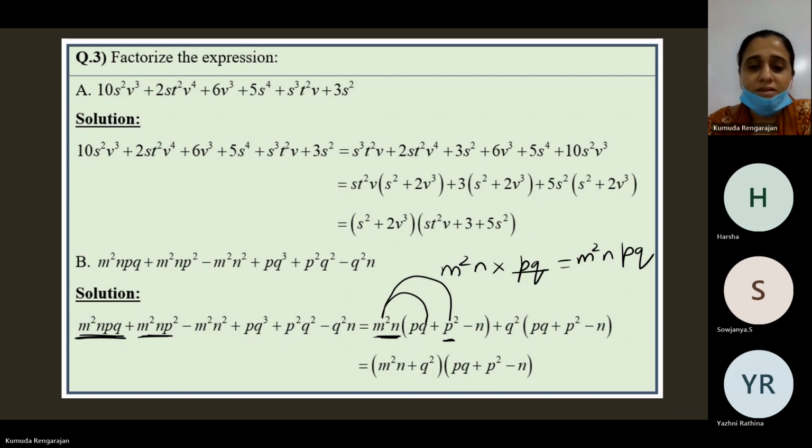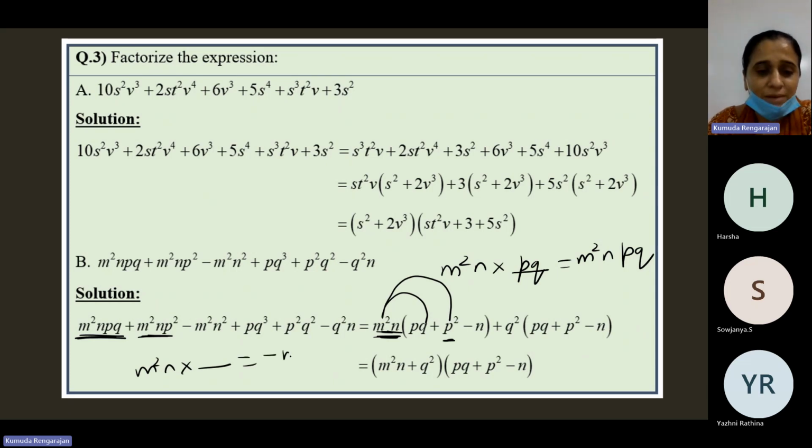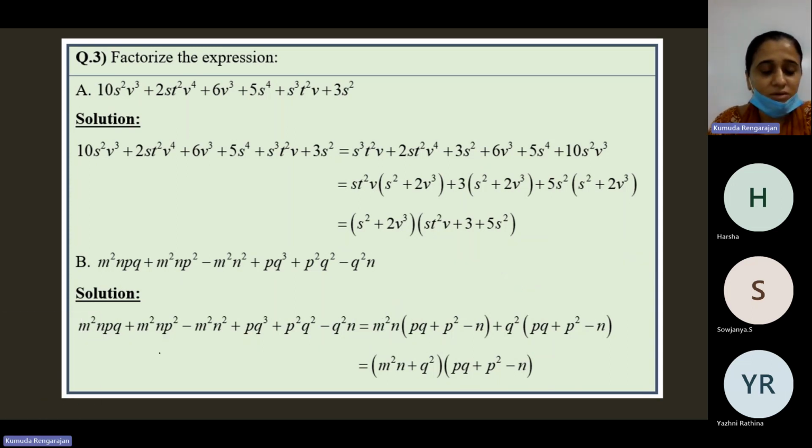Then m square n into what will give you the third term? Minus m square n square. See, you should take a look at the sign also. So the outside common factor is m square n into what in the bracket will give you minus m square n square. So minus, there's n square here, but only n here. So minus n.